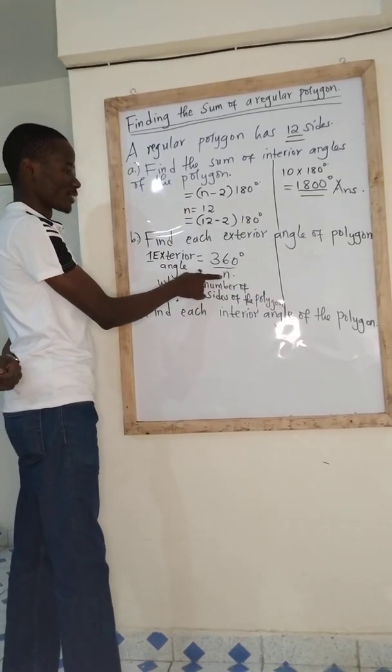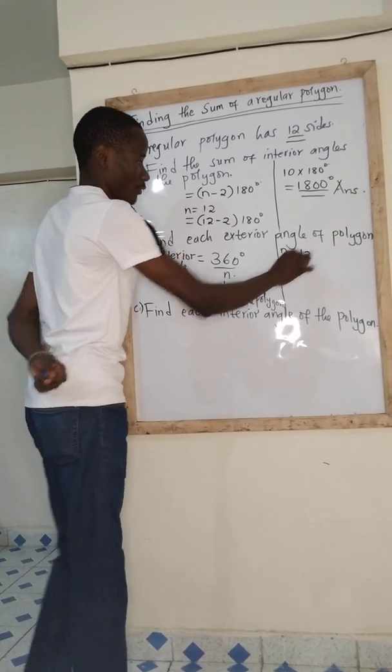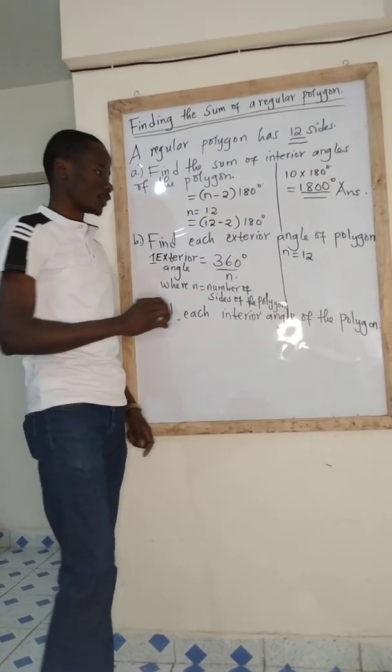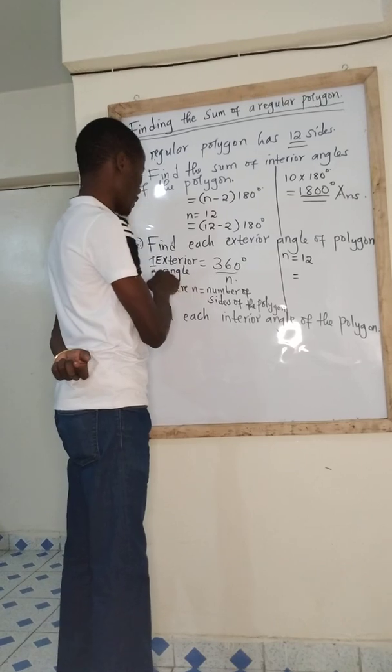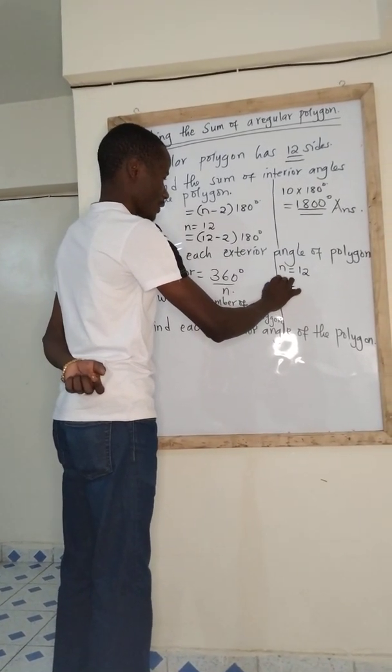Now, the number of sides of the polygon we have been given is n equal to 12.